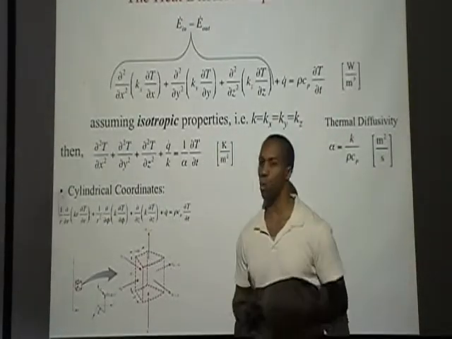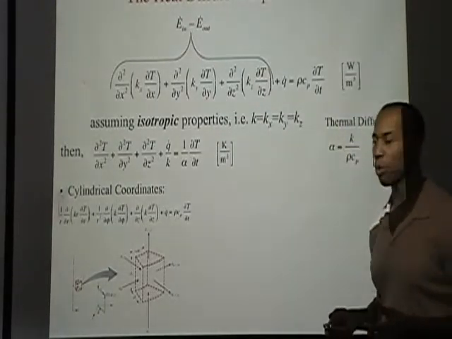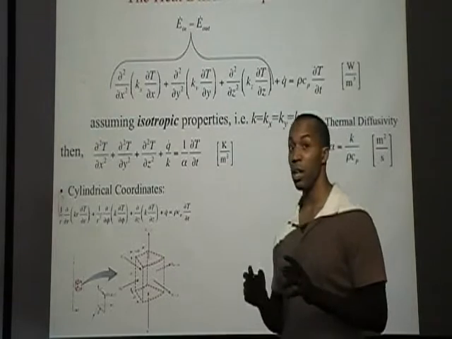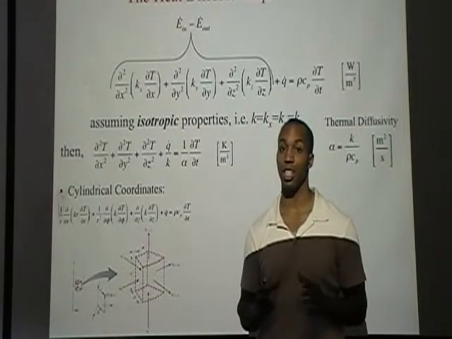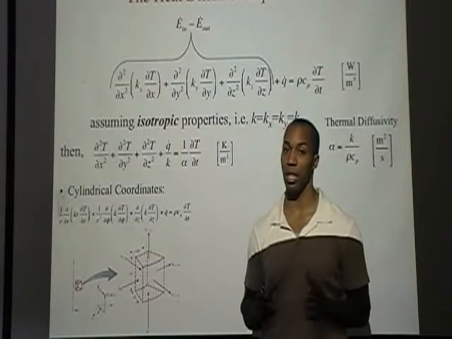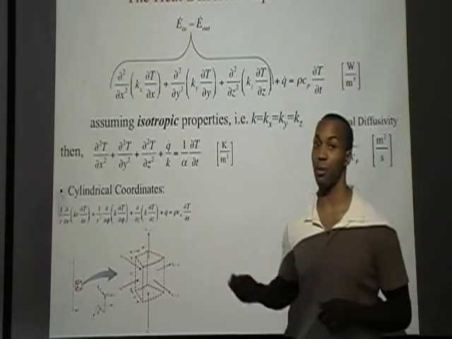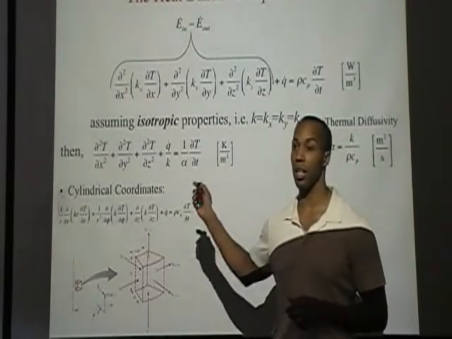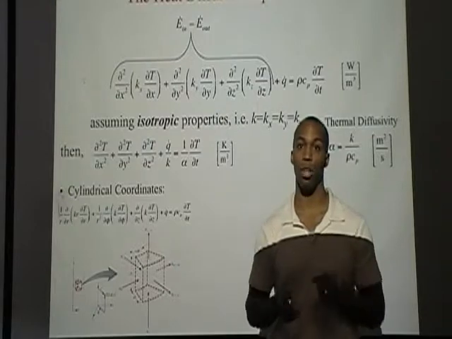So you end up with 1 over r, some other things that mathematically make it a little bit more complicated. But also, they make the conduction process a little different from conduction in Cartesian coordinates, as we will see when we go to 1D conduction problems, where we consider the difference between conduction in a one-dimensional wall versus a cylindrical one-dimensional system.